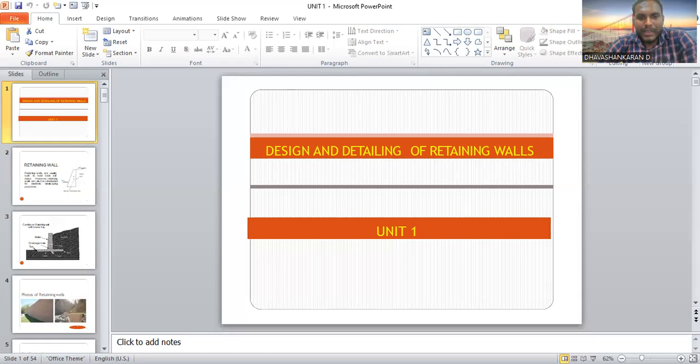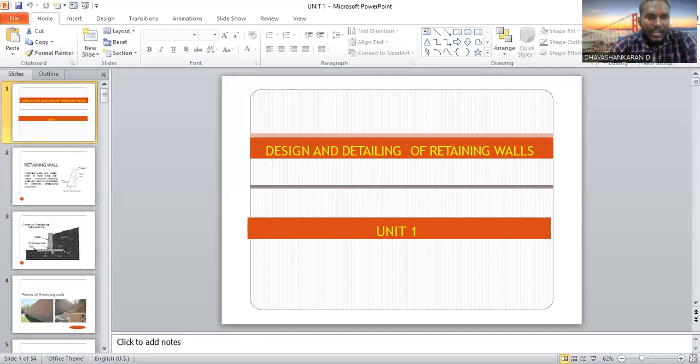When the height of the wall exceeds 6 meters, we move to the counterfort retaining wall, with counterfort supports located at the back side, on the side of the soil, at equal intervals of 3 meters. They oppose the sliding of soil.